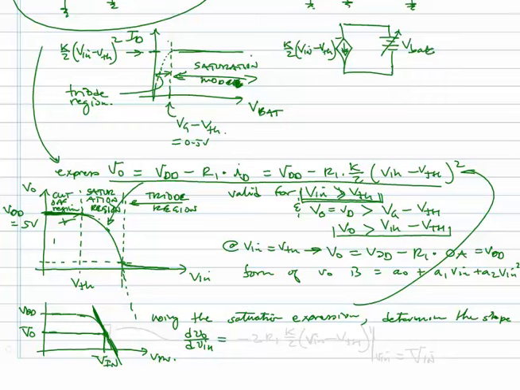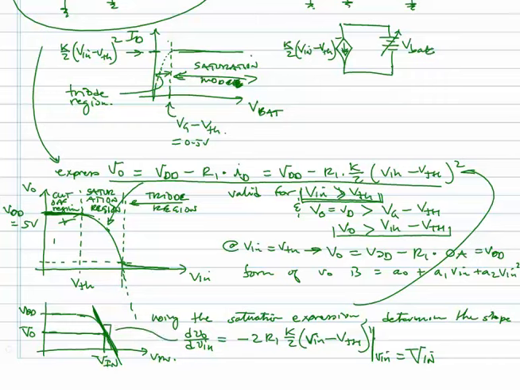You'll find that we've got a minus 2 times R1 times K over 2, quantity Vn minus V threshold, to the first, and then times the derivative of Vn, which is 1. This is going to be evaluated at Vn equal to our capital Vn. That is the slope of our curve there.